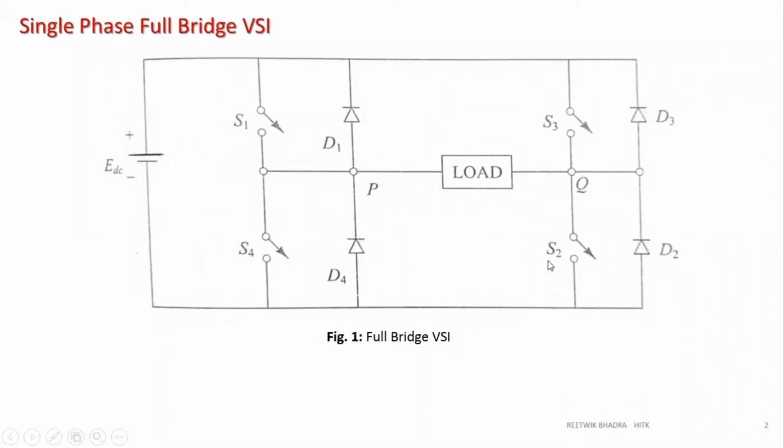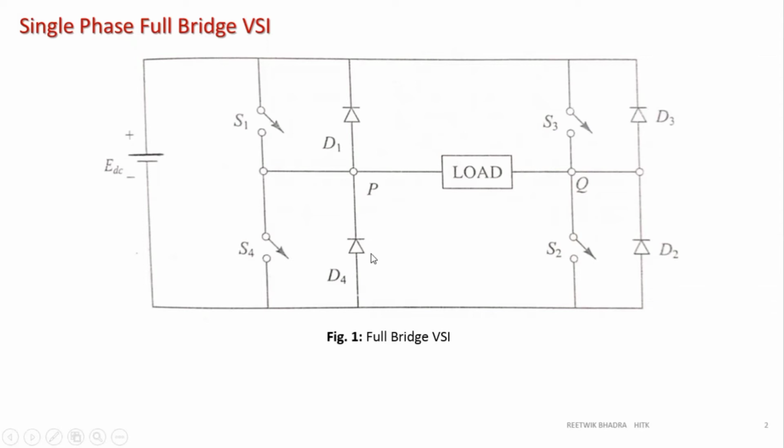Anyone? I had told you a simple rule to remember. If S1 and S2 are on for this load to charge, which diodes will be on? D1, D3, D2, D4? Anyone? D4 and D3. Correct.